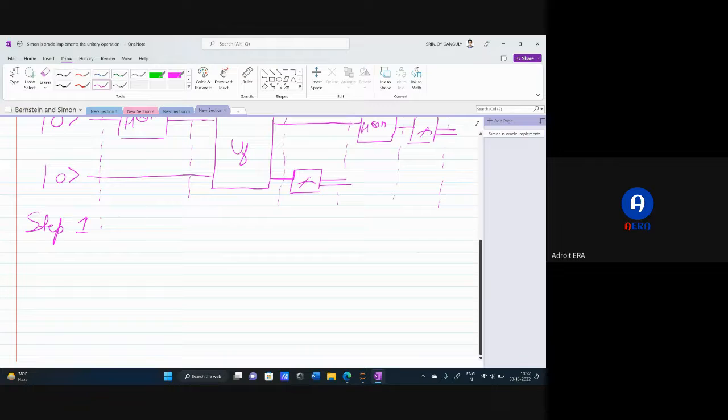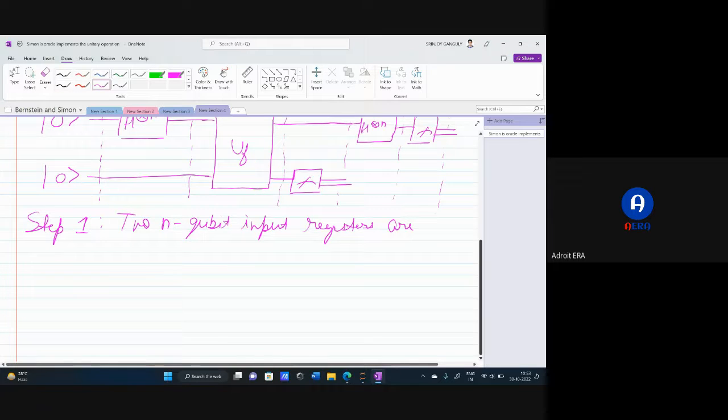Step 1: the n-qubit input registers are initialized to the 0 state.